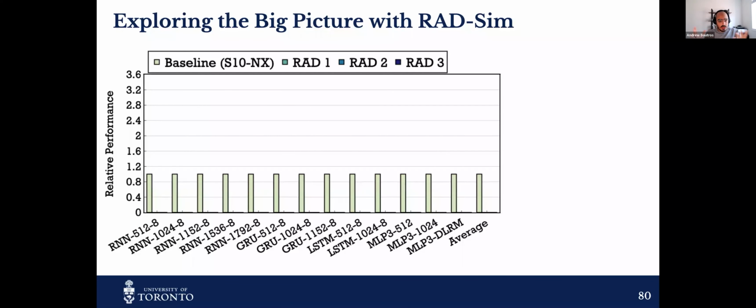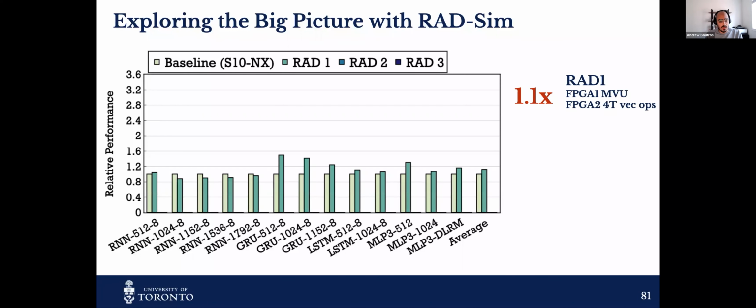So when we try to explore this big picture, I'm showing here the relative performance compared to the Stratix 10 NX FPGA. And when we migrate the NPU to work on those two FPGA fabrics over the NoC, we actually gain only 10% of performance. And the reason for that is that we don't use both FPGAs to do the full NPU computation.